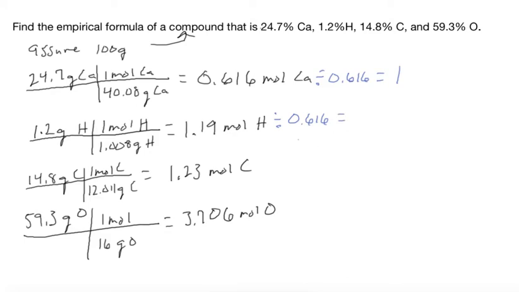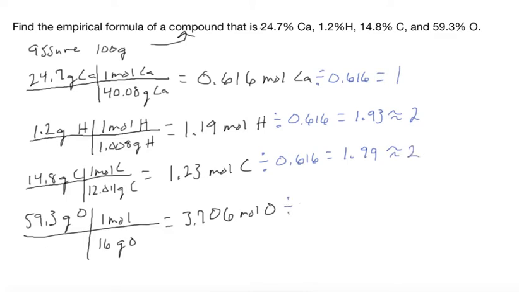Next, I divide the hydrogen number by 0.616. So 1.19 divided by 0.616 gives me 1.93, which is really close to 2. So we'll keep that there. For 1.23, once again I divide by the smallest number, 0.616, and I get 1.99, which is really close to 2, so we'll call that 2.